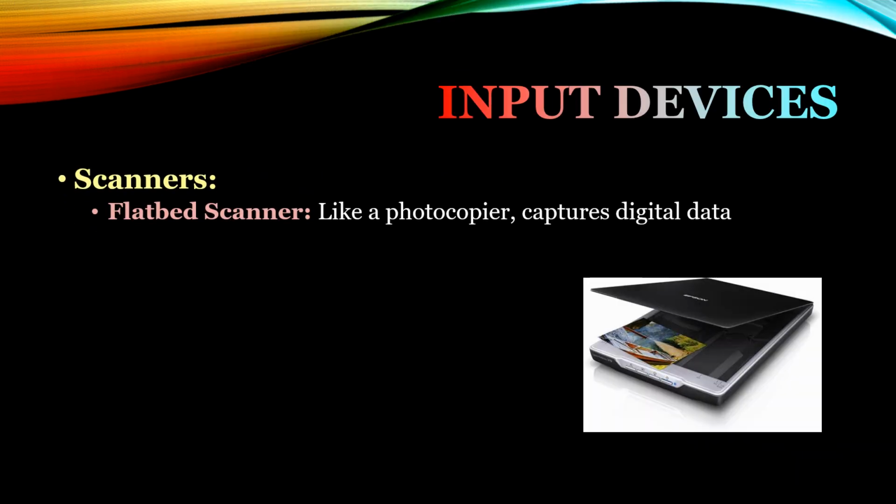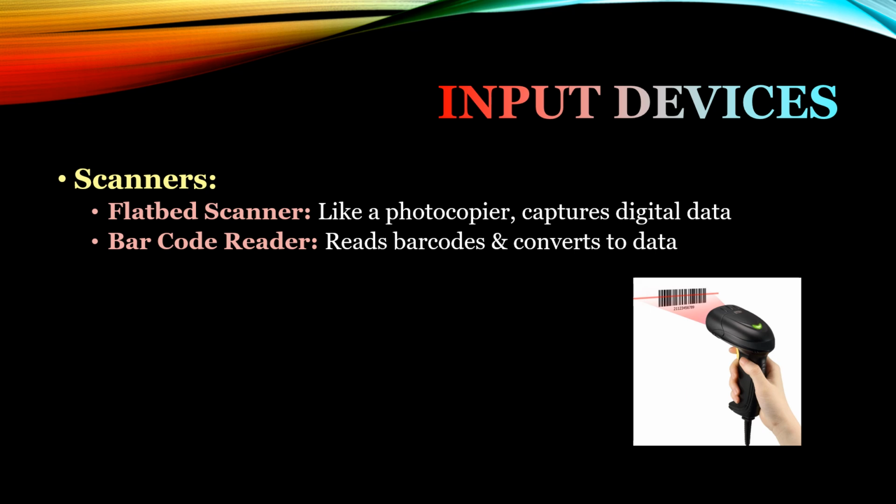Scanners allow us to digitize physical documents. The flatbed scanner works like a photocopy machine, capturing images and documents. Barcode readers are used in stores to scan items and convert barcodes into data.